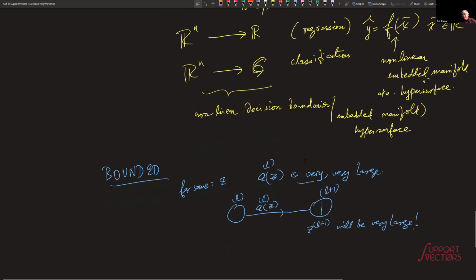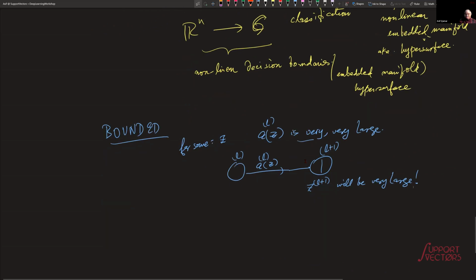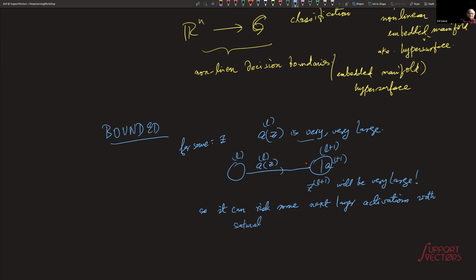The problem is you either normalize it, or it can risk some next layer activations with saturation. It's just a bad idea to have such large outputs. But usually batch normalization solves it. Remember, we talked about it.